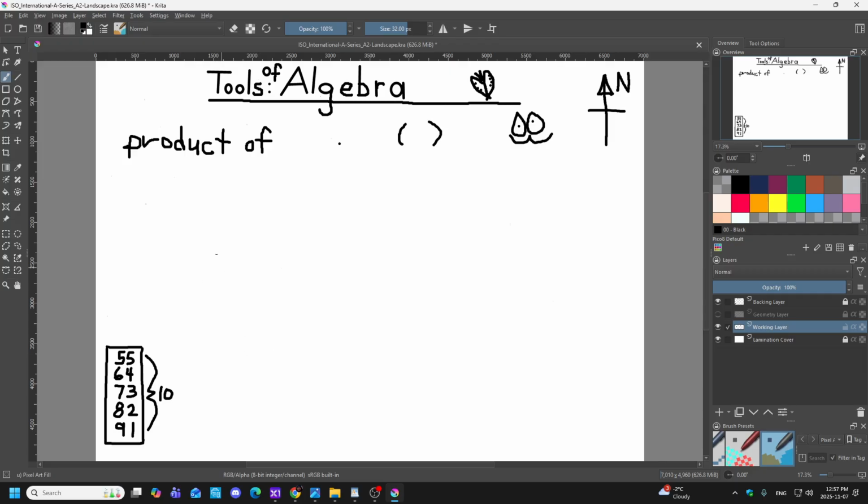13 less than a number. Okay? 13 less than a number. If you need to remind yourself or take little notes, less than, you say to yourself, oh, that means subtraction. So 13 less than a number. I'm going to use n. Okay? It depends if you are working with integers.